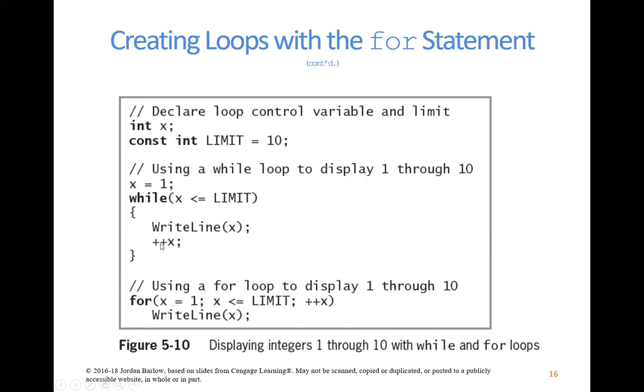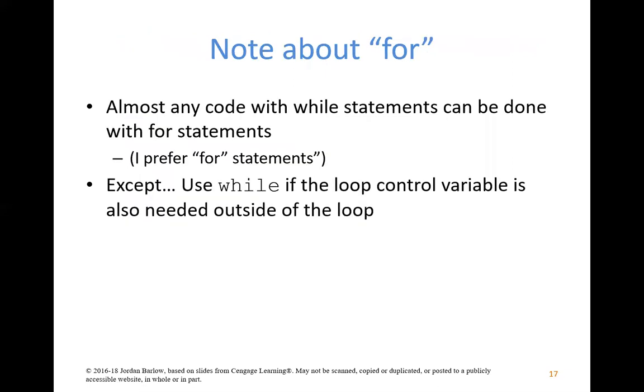So the advantage is that you don't have to have a separate loop control variable declaration and initialization, and you don't have to remember to put an incrementer at the end of your while statement, which I almost always forget to do when I use whiles. My preference is to use a for statement. You can use a for statement to replace a while statement 99% of the time.